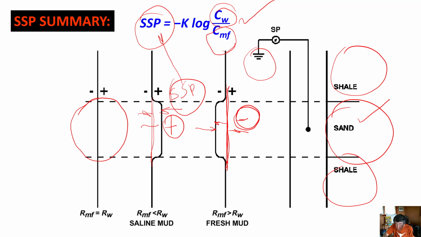And you can see that this equation does not care about porosity, does it? No, absolutely not. It only cares about the differences in concentration of sodium chloride electrolyte in formation water with respect to mud filtrate. And that is the equation that we widely use for spontaneous potential measurements calculation of RW.